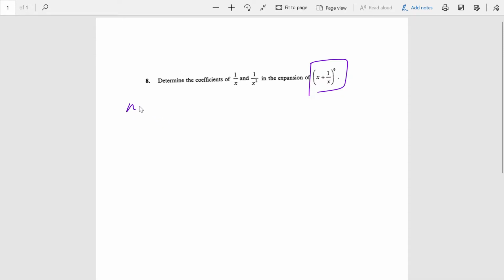So you'd go like the nth term is, well, given that the first term of this binomial is x and the other one is 1 over x, it would be something like 9 choose n times the first term to the power of 9 minus n times the second term to the power of n.